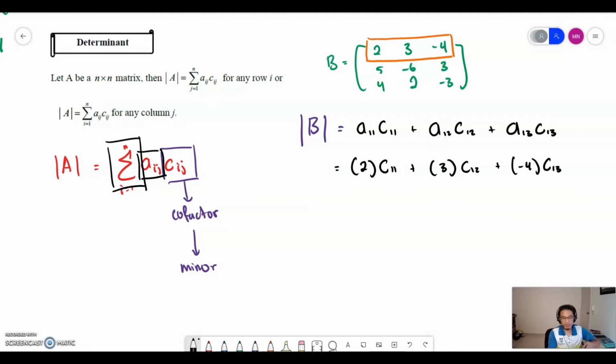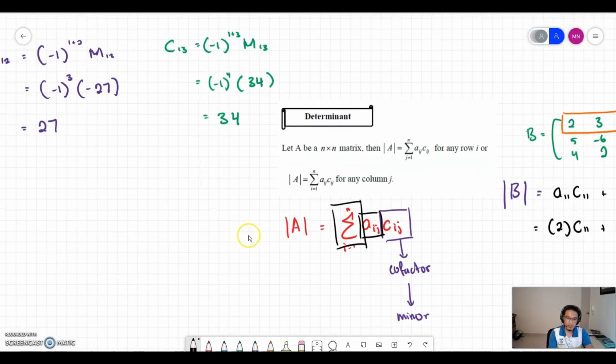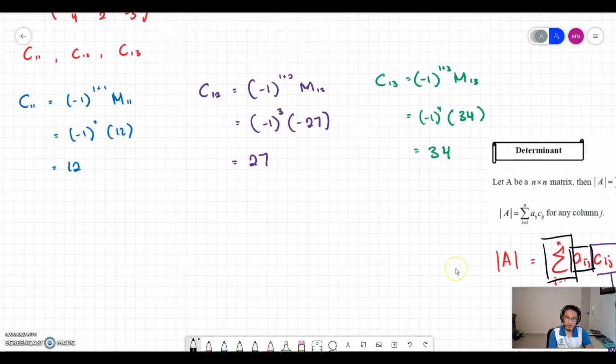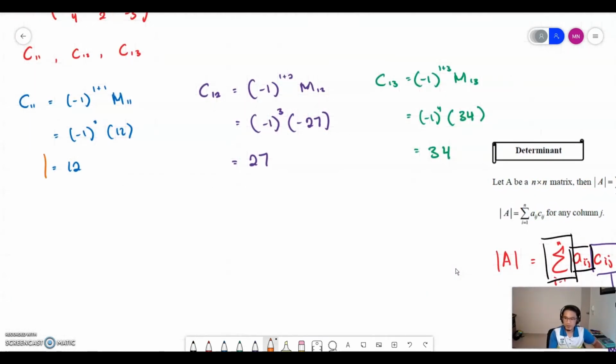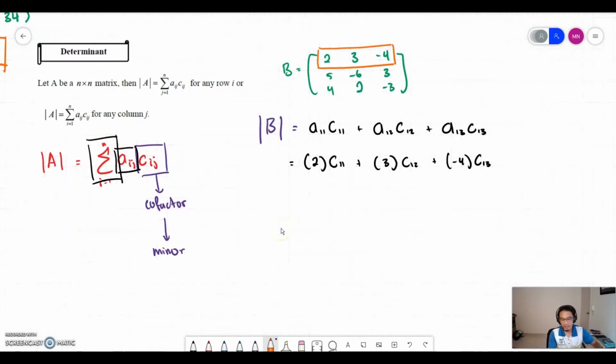Since we have already calculated the values of C11, C12, and C13 in our previous examples, we can just key the numbers into the formula. We put them into our calculation for the determinant.